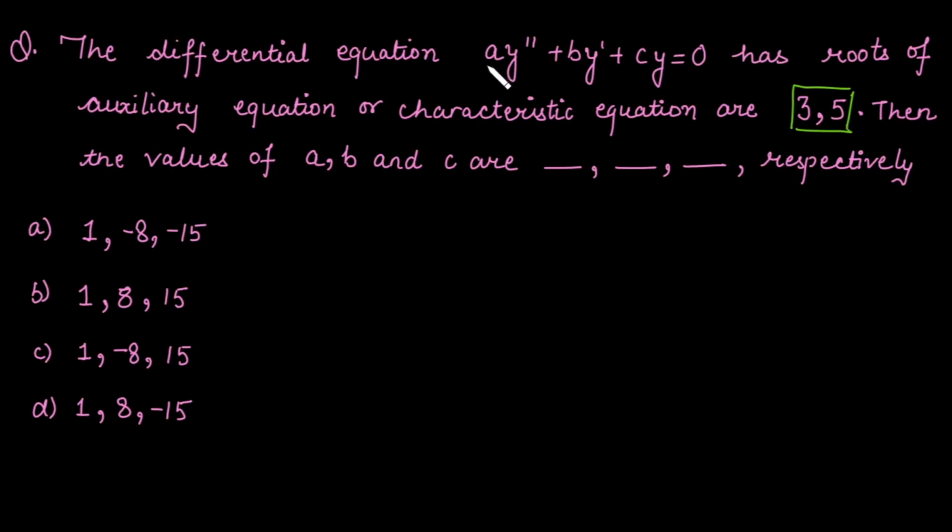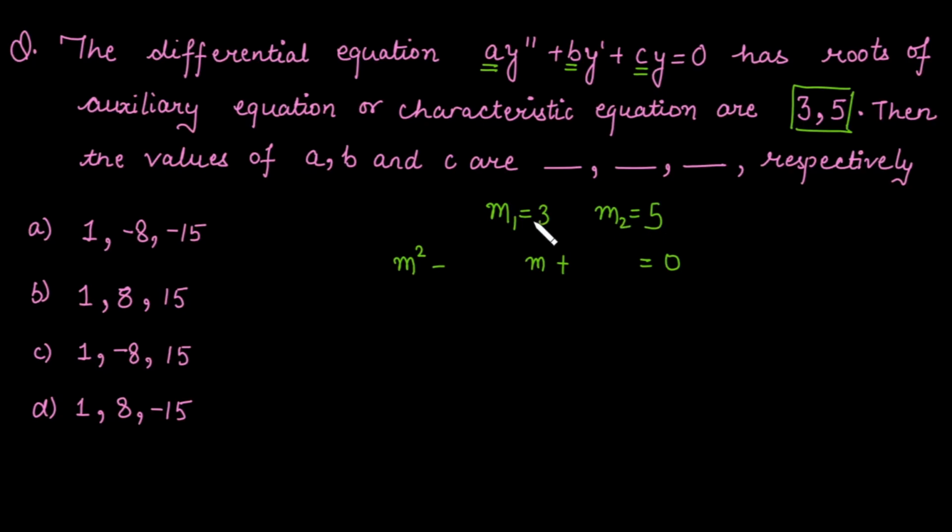Then what are the values of A, B and C? So for that we will observe the roots. So m1 in this case is 3, m2 is equal to 5. So we can directly write the auxiliary equation, that is m square minus coefficient of m plus constant term is equal to 0.